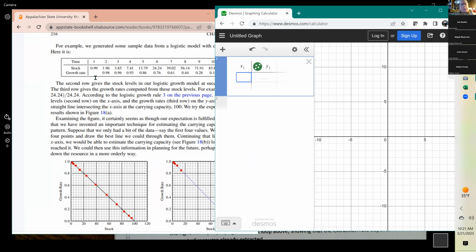So if we put a couple in, this first one would be at 0.99, 1.96.